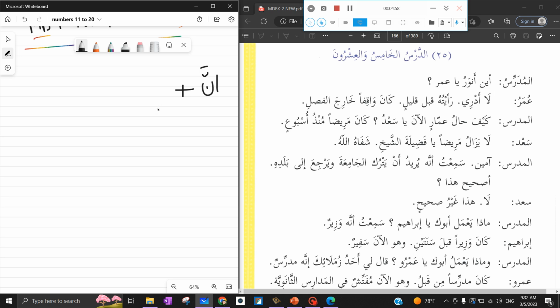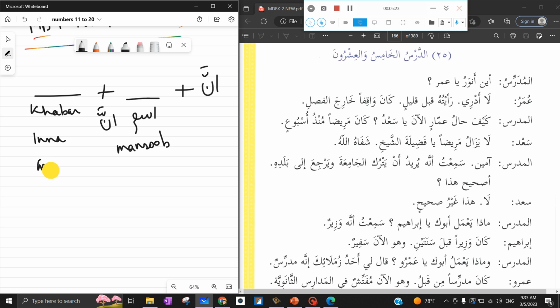Now after inna, we have ism inna here. Ism inna is always mansoob. This is the rule for inna. And what about the khabar inna? Khabar inna is always marfu.